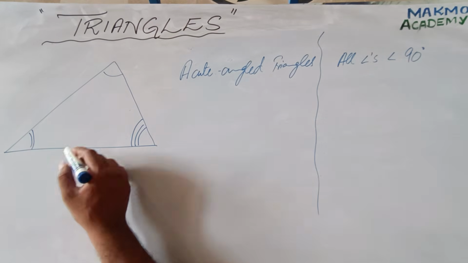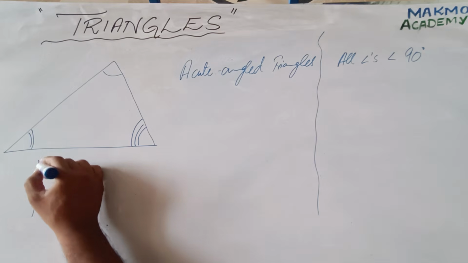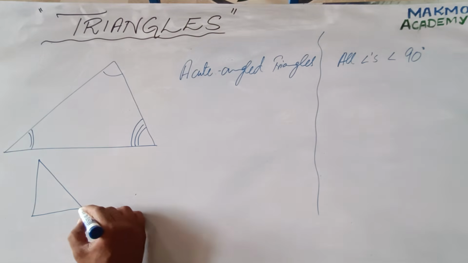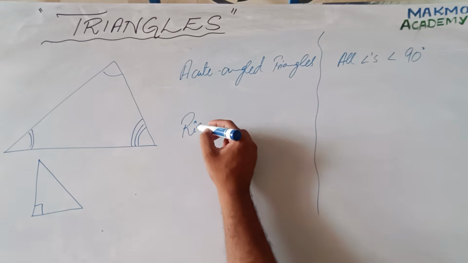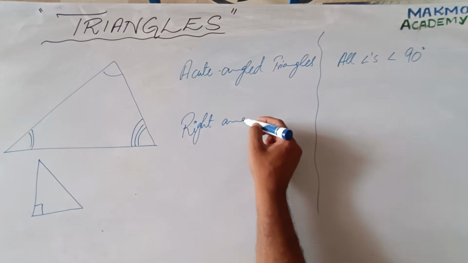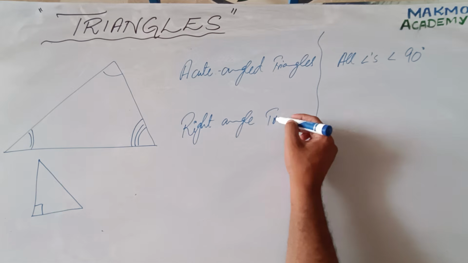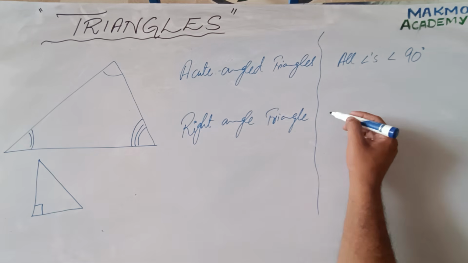Then the second type is one in which one angle is of 90 degrees. That triangle is called a right angle triangle.